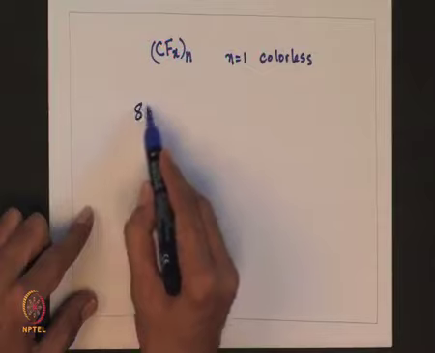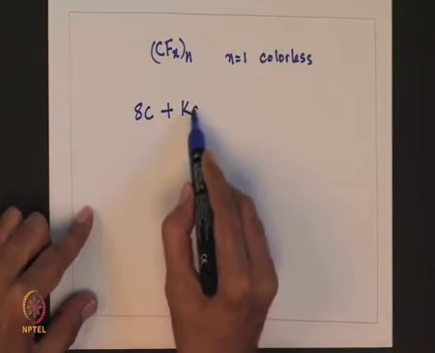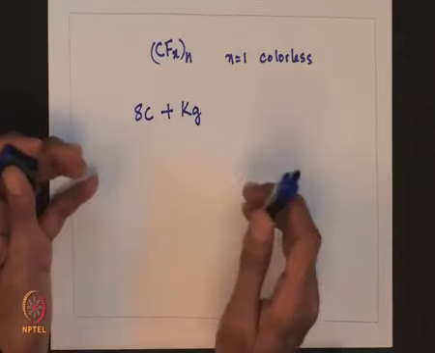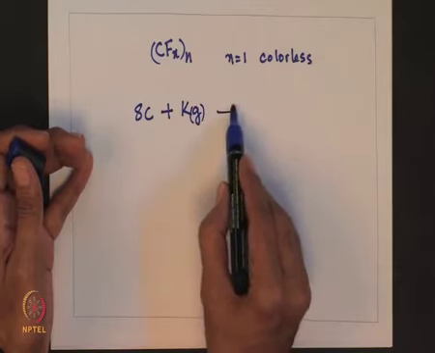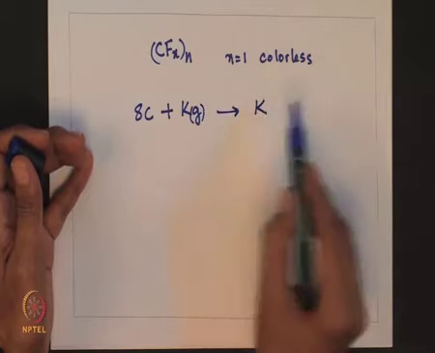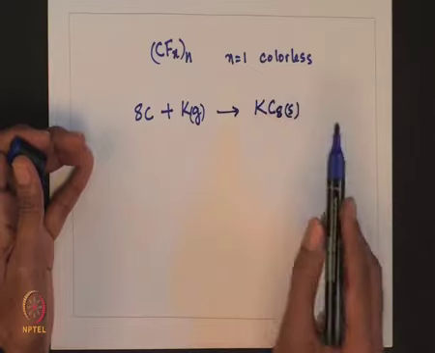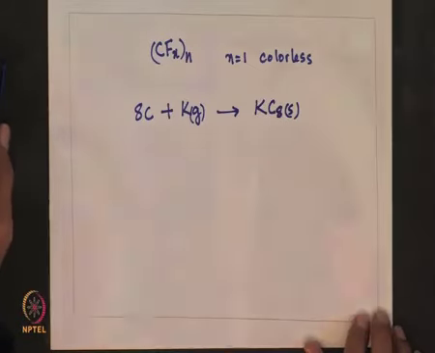And in one such reaction, when graphite is heated or exposed to potassium vapors in the range of 100 to 320 degrees centigrade, it gives an inclusion compound having composition of KC8. That means, for every 8 carbon atoms there will be one potassium.